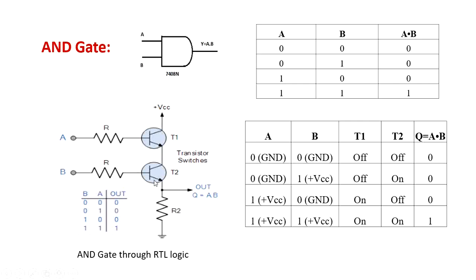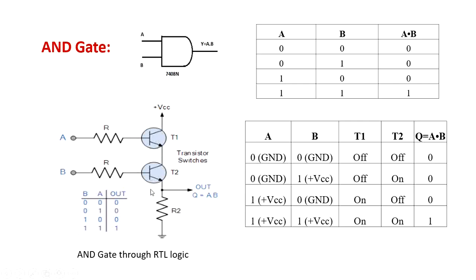Both A and B are ground, so both of these will be cut off, and you can apply KVL in this loop. There will be no current across R2, but the output voltage will be equal to this ground voltage, so it will be 0.